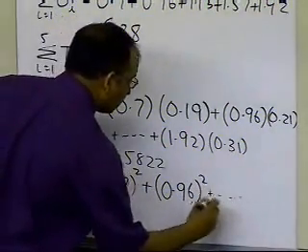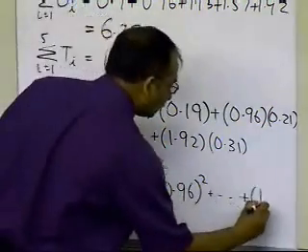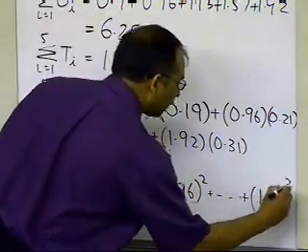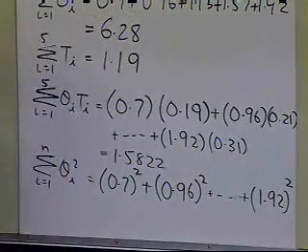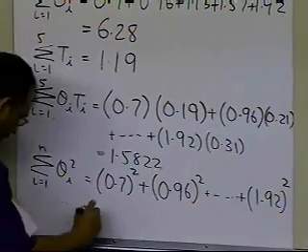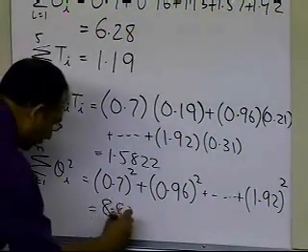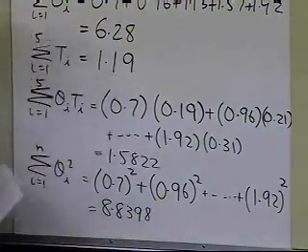And I go to the last one, which is 1.92, square it and add it up. So there are two more data points right here which need to be squared, and that value turns out to be 8.8398. So I have all the summations.